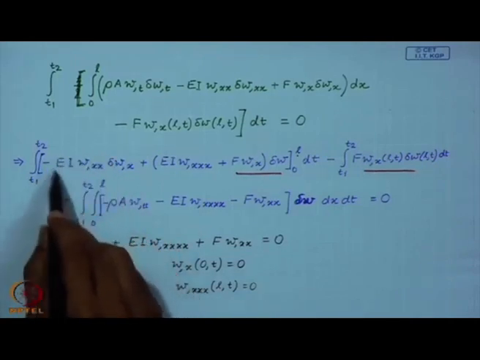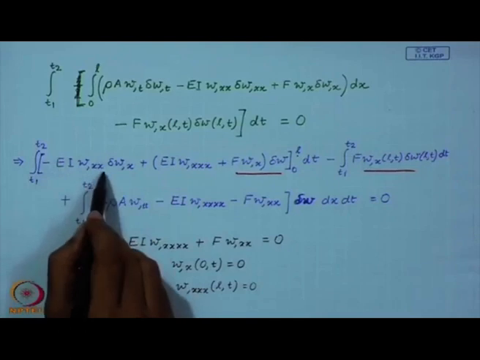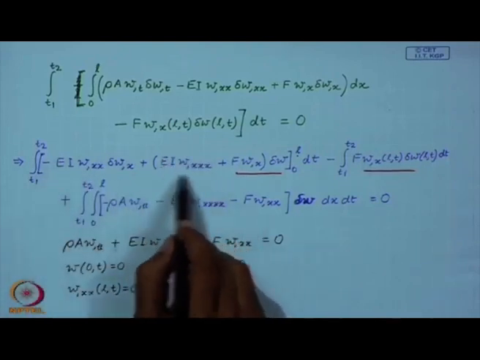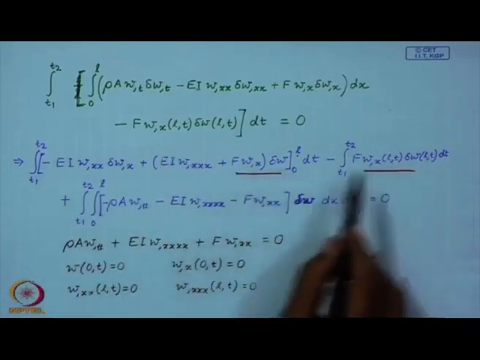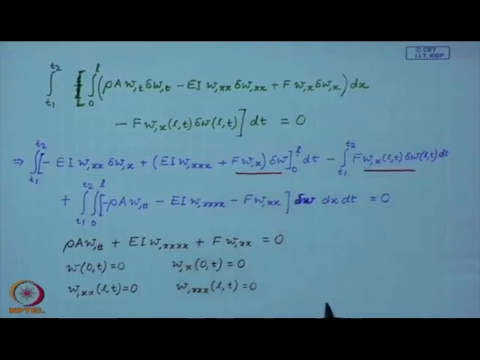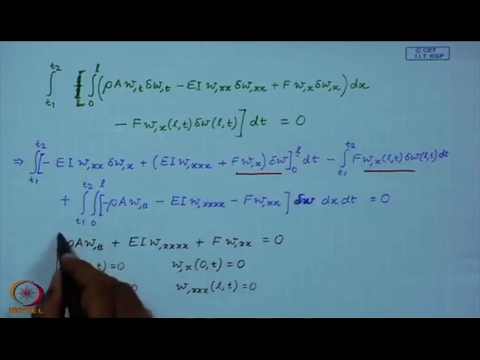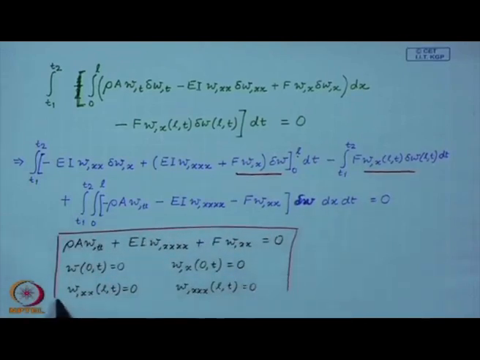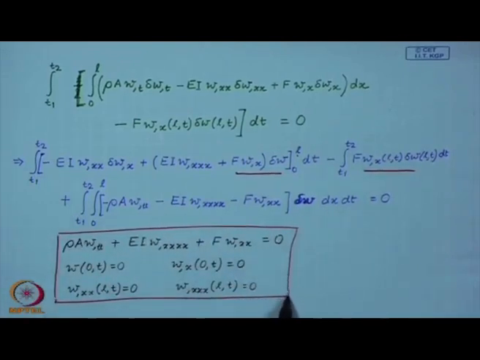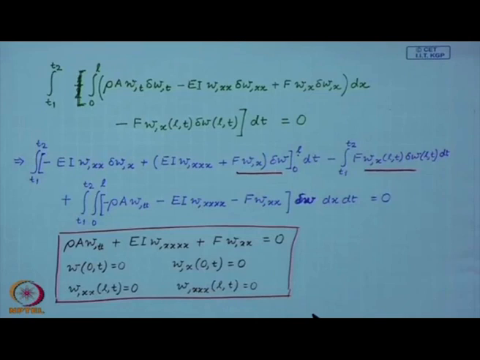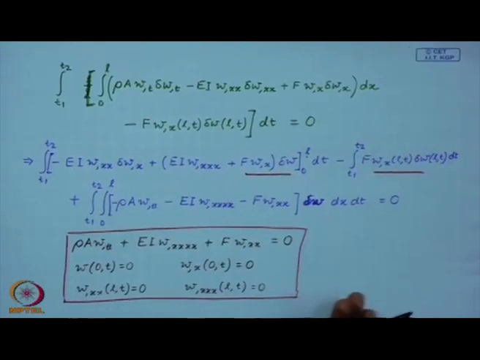So, one term at x equal to L comes from here, the other term comes from here. This term gets cancelled at x equal to L. So, this is the equation of motion and the boundary conditions for the cantilever beam with a follower force F.